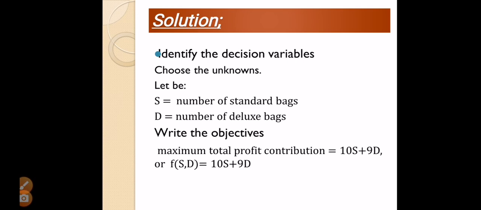Let S be the number of standard bags and let D be the number of deluxe bags. Since our objective is to maximize the total profit contribution, we write the maximum total profit contribution as 10S plus 9D, or f(S, D) equals 10S plus 9D.